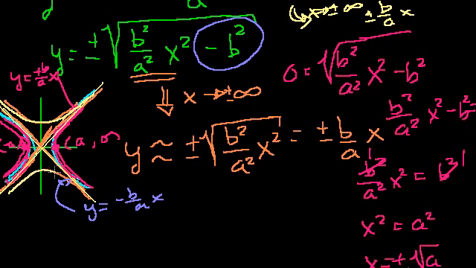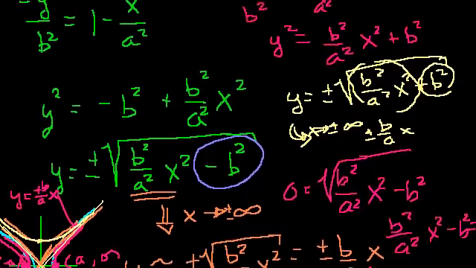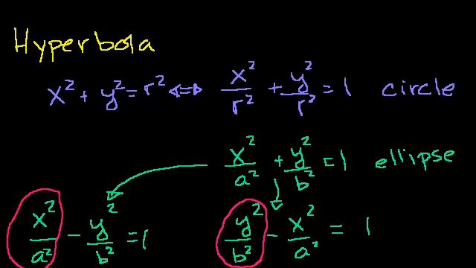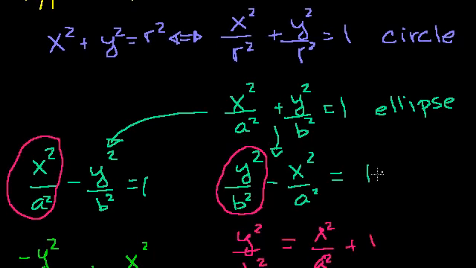And another way to think about it, in this case, when the hyperbola is vertical, a vertical hyperbola where it opens up and down, you notice x could be equal to 0, but y could never be equal to 0. And that makes sense too, because if you look at our original formula right here, x could be equal to 0. If x was 0, this would cancel out, and you could just solve for y.